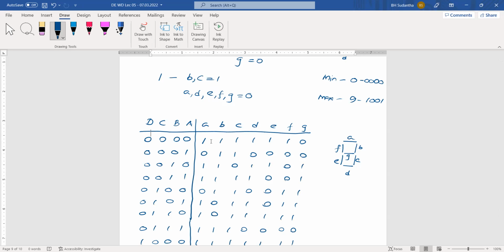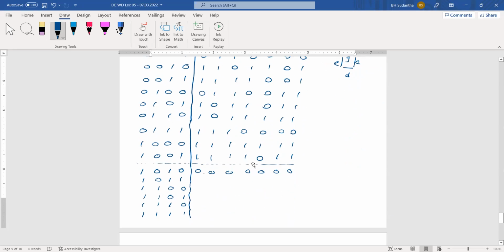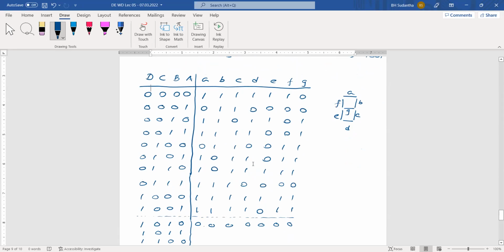A non-standard decoder can have a different number of inputs and a different number of outputs, but anyway, it's a decoder. We should know their truth tables and how to design those things. We have to have that idea.